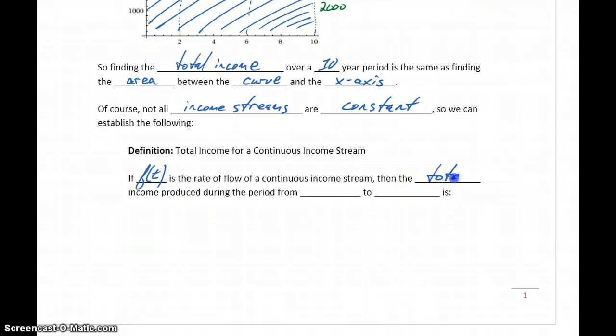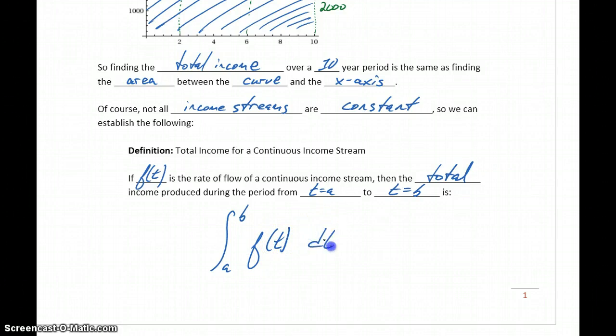Then the total income produced during the period from t equals a to t equals b can be calculated as the integral from a to b of f of t, that function that describes our continuous income stream, dt.